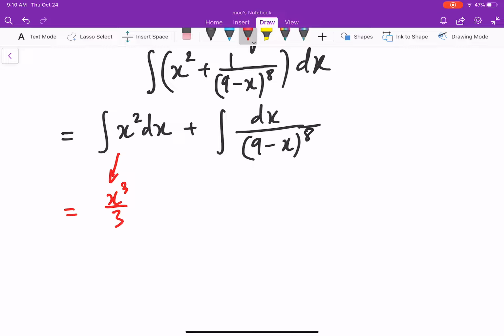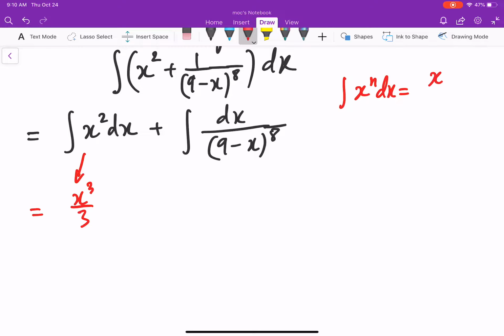Let me write out the power rule here. The integral of x to the n dx is equal to x to the n plus 1 over n plus 1, plus c, for the case when n is not negative 1. When n is negative 1, you have another form, that is ln of the absolute value of x.